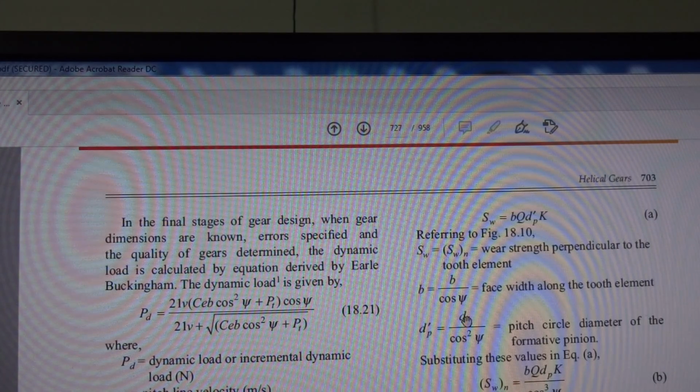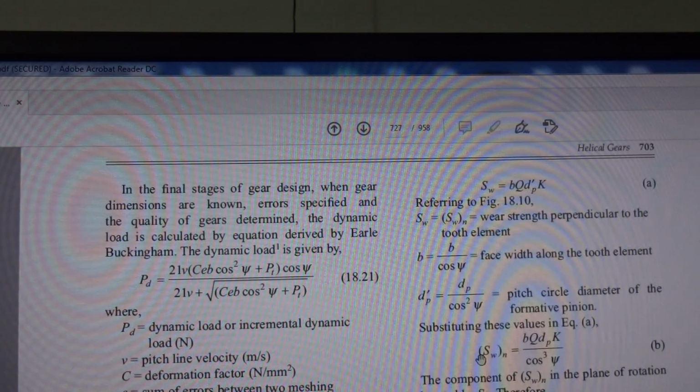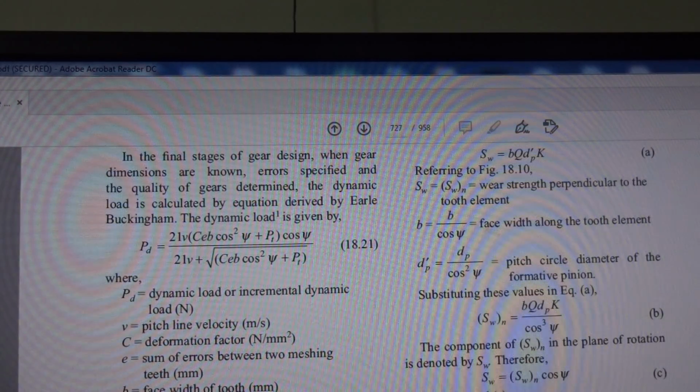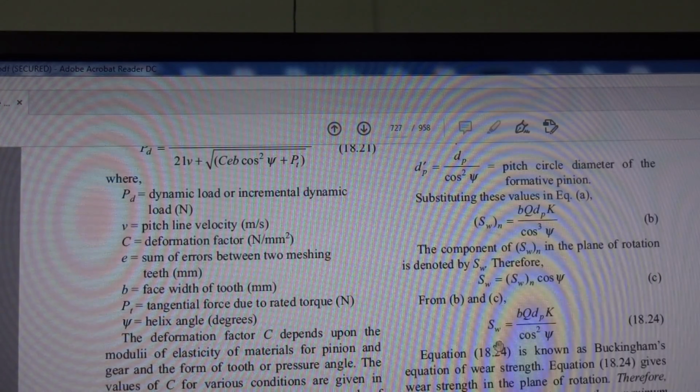So dP dash is equal to dP upon cos square psi, and SW is equal to SWN, which is B Q dP K by cos psi N. So SW is equal to SWN cos psi, and SW is equal to B Q dP K by cos psi.